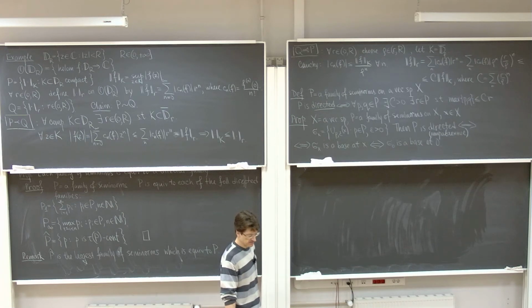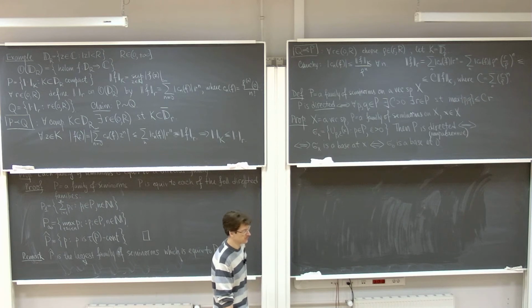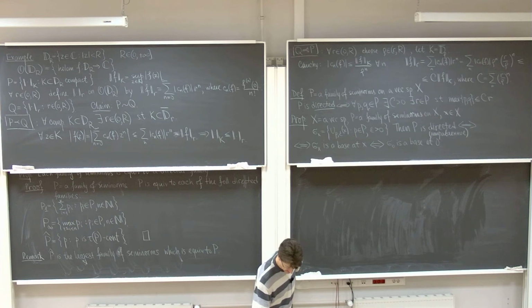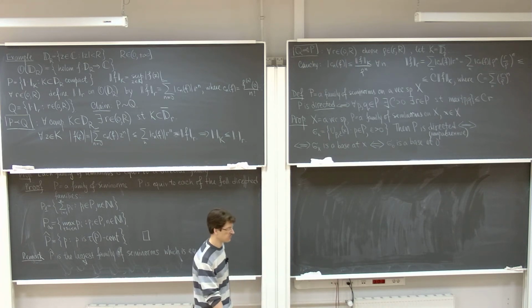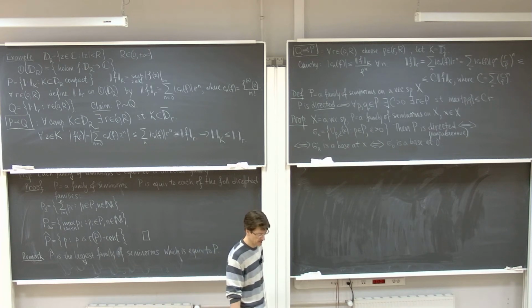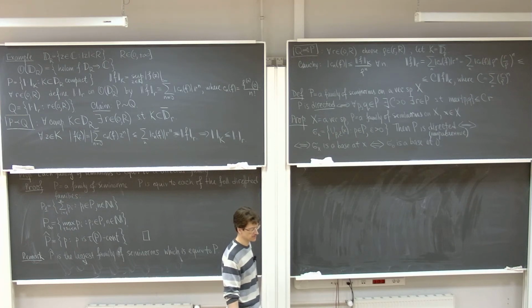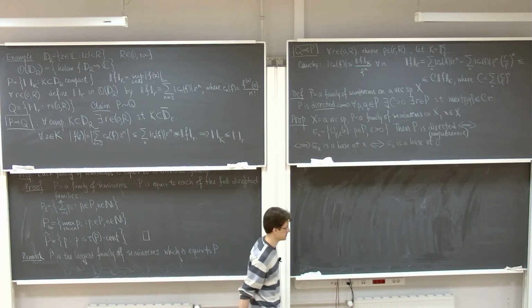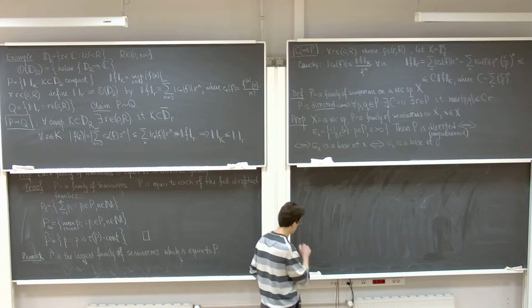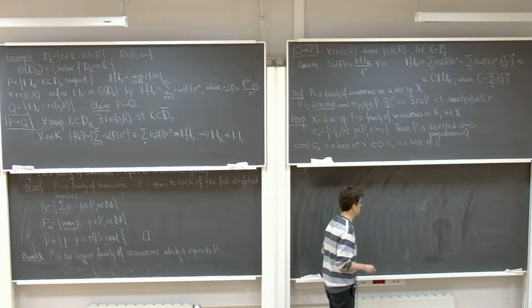But this is not the main advantage. It's just like a nice user interface for working with locally convex spaces. And the real advantage of locally convex spaces is that each Hausdorff locally convex space has a rich supply of continuous linear functionals. And as a result, there is a powerful and nice duality theory for locally convex spaces, which doesn't exist for general topological vector spaces. Okay, so let's now discuss why this is so.